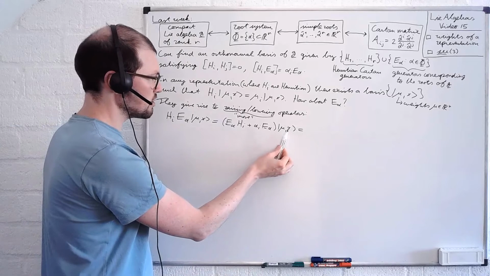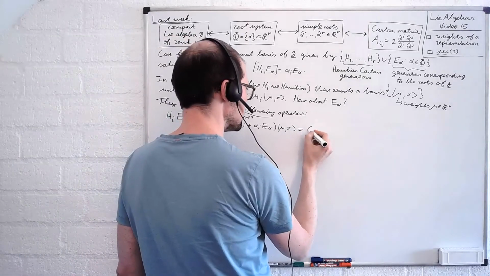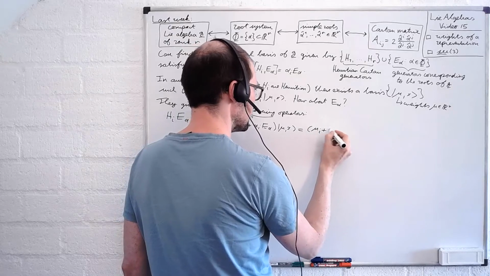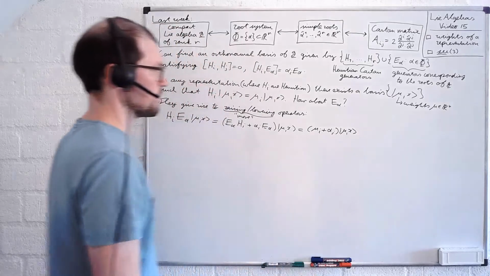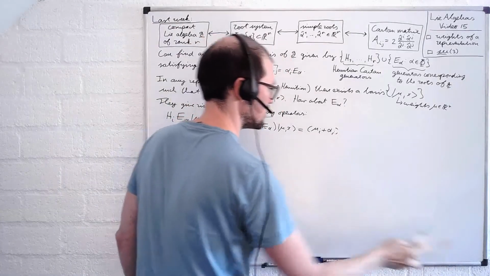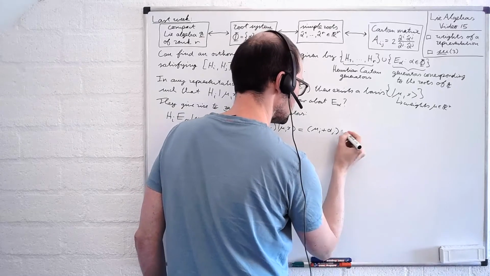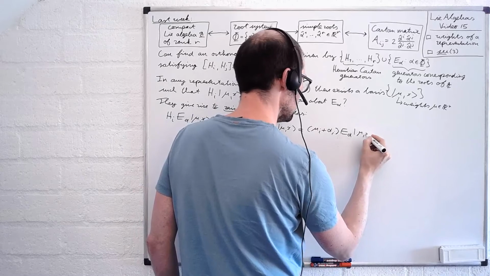But we know that this is an eigenstate of the Cartan generator, so what we find here is that this is exactly mu I plus alpha I acting on the state. Sorry, not this one, of course. We have E of alpha acting on the state mu.